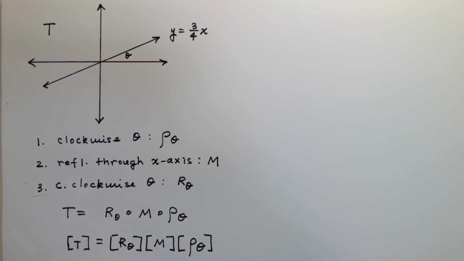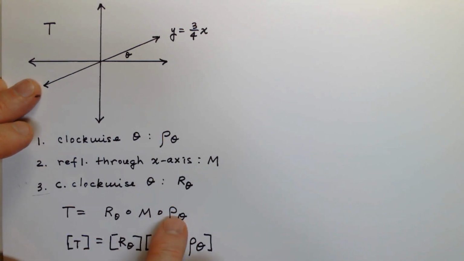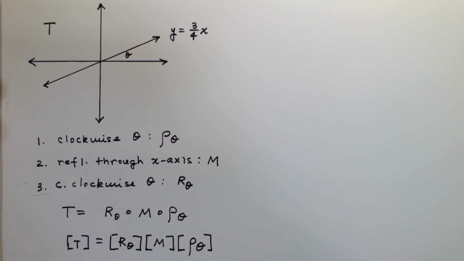Now, what the theorem that we just studied says is that if I want the matrix for T, all I have to do is find the matrix for rho, M, and R and multiply the matrices. All right, so our work is really reduced to this, right? We have to work out the matrix for rho of theta, we have to work out the matrix for M, and then we have to work out the matrix for R of theta, and then we simply have to do the matrix multiplication. All right, now let's work out the matrix for rho of theta first.